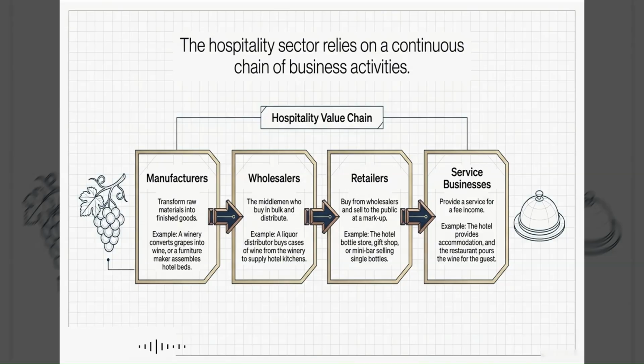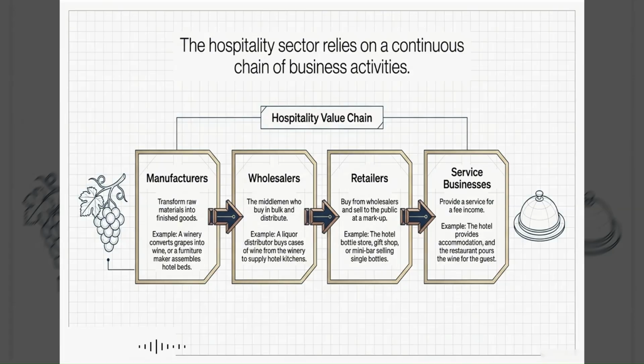And here is the point of the matter. One organization usually contains several of these at once. A single hotel runs a service business in rooms, a manufacturing operation in the kitchen, and a retail operation in the gift shop.